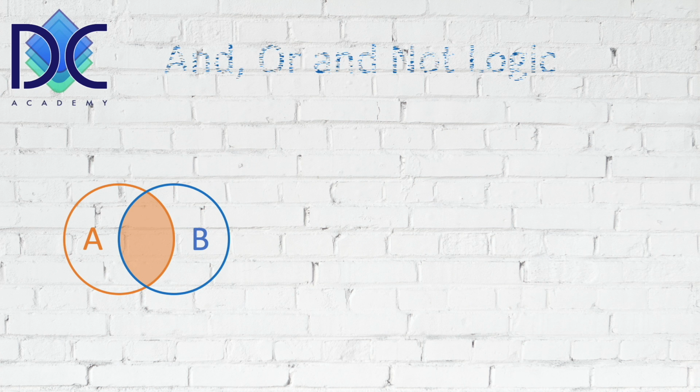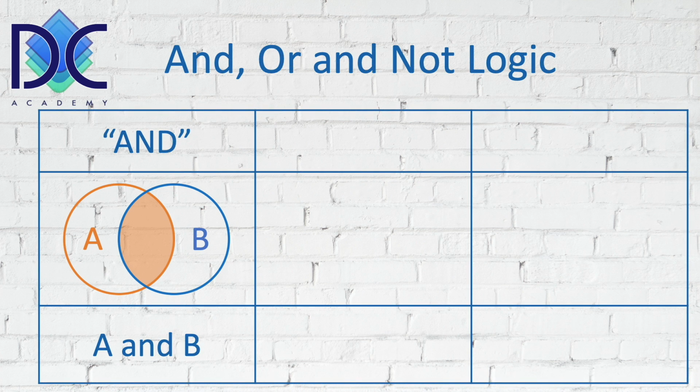When we look at and, or, and not logic, first of all, the and logic means that we are considering A and B. Here we have a Venn diagram where we have elements related to, let's say, a group of data.